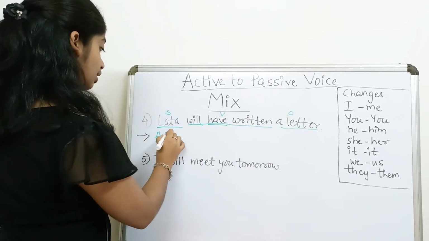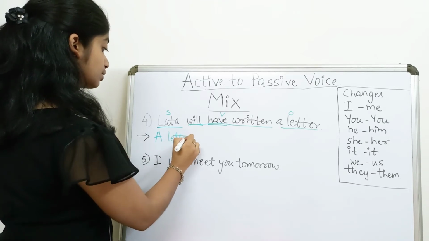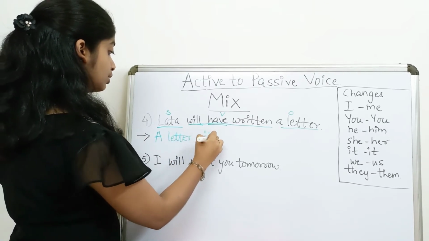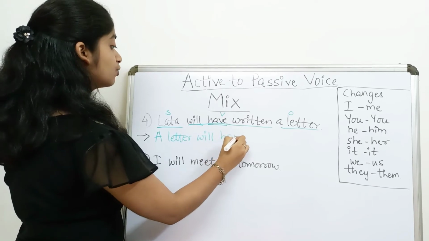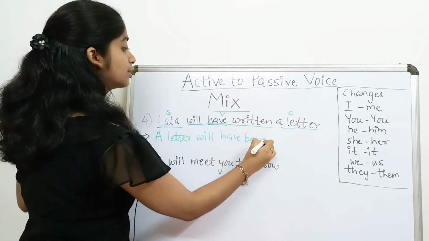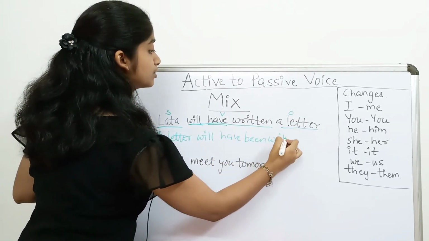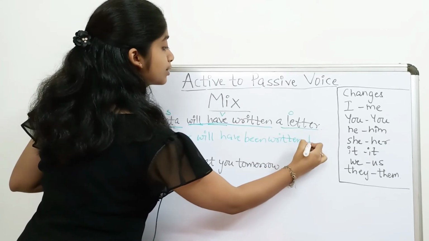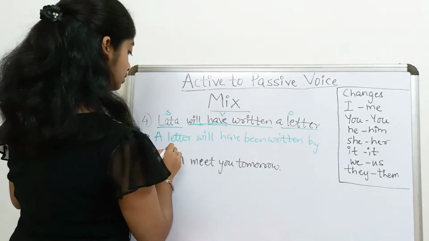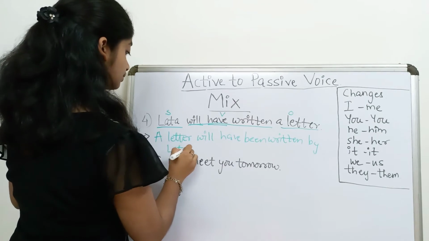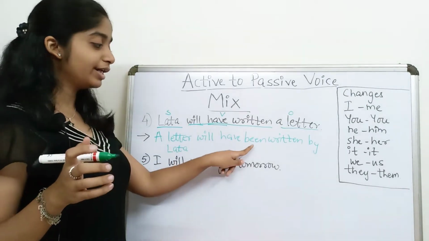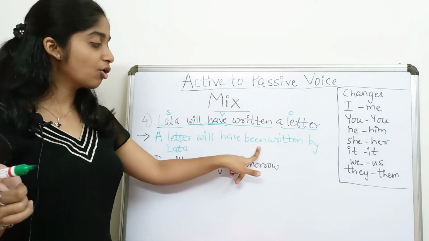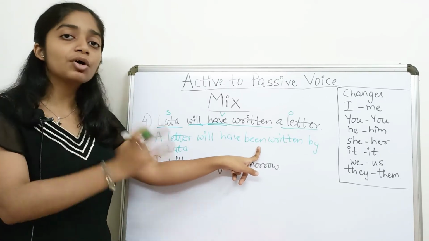So a letter will have been written by Lata. This will be your final answer. Why did we write been? Because the sentence is in the perfect tense.